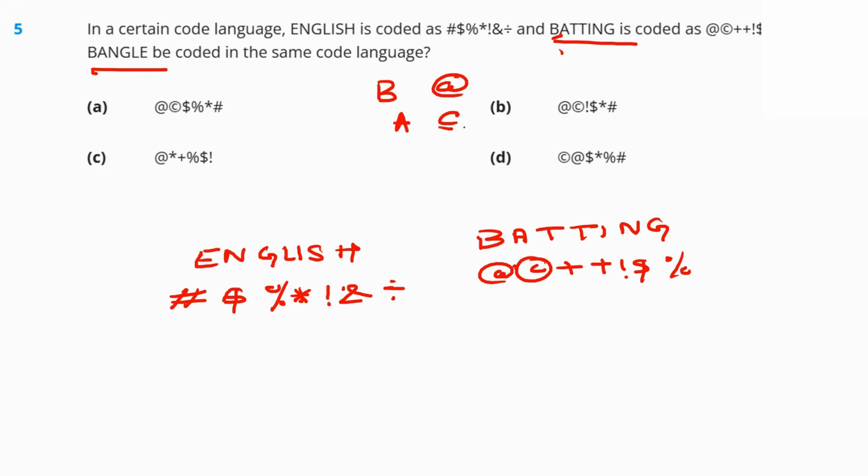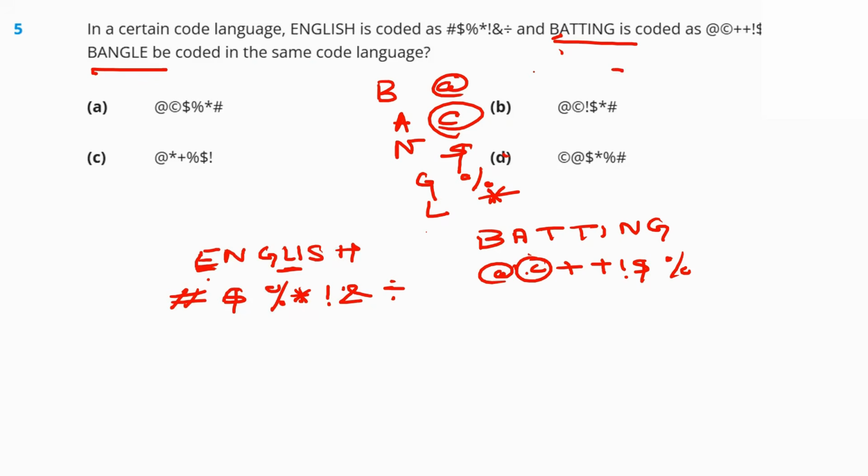A in the word batting is again the copyright symbol. N is written as dollar. G is percentage. L in English is written as star mark. And E is the last one, hashtag. Which of these options gives you the correct answer? In that case, option D.